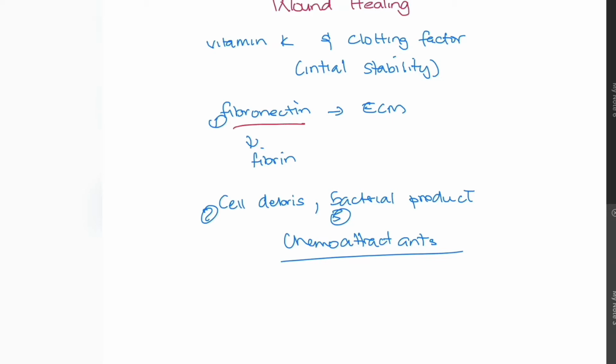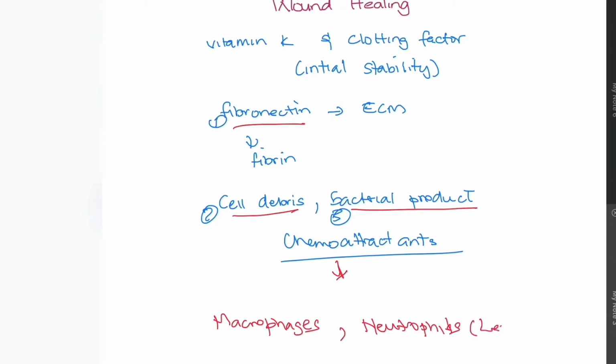So fibronectin, your cell debris, and your bacterial products act as chemoattractants. What this means is that they secrete chemicals, maybe cytokines and chemokines, which cause the body to generate an immune response. So the cells that are involved in the immune response initially are your macrophages and your neutrophils, which are leukocytes, right?